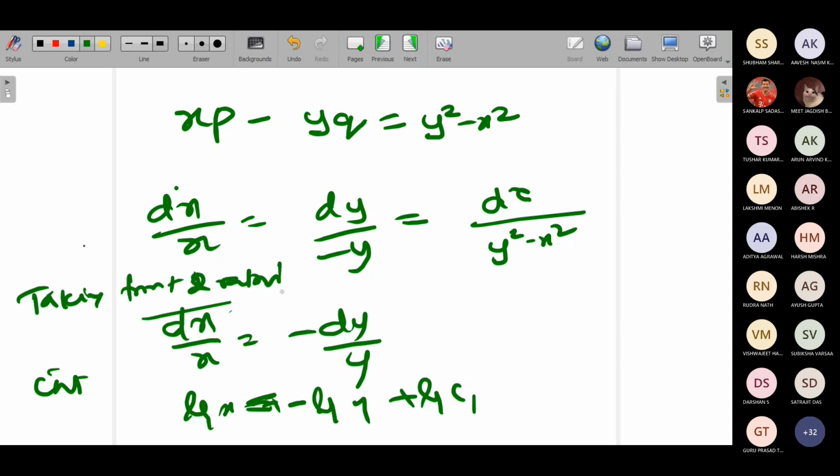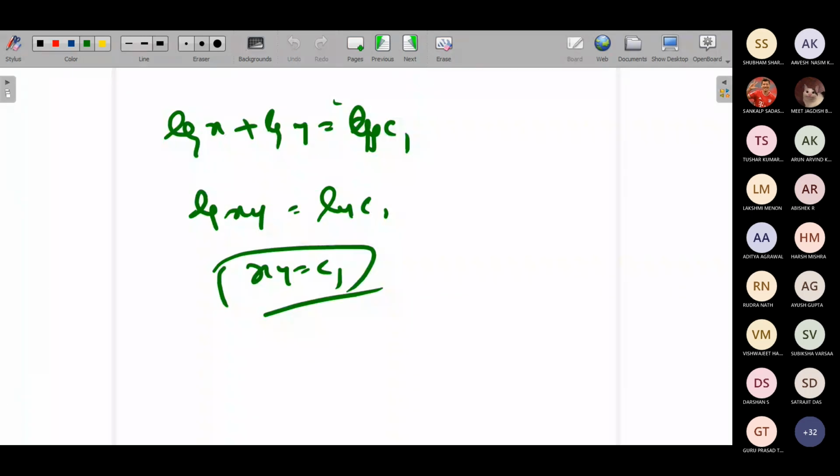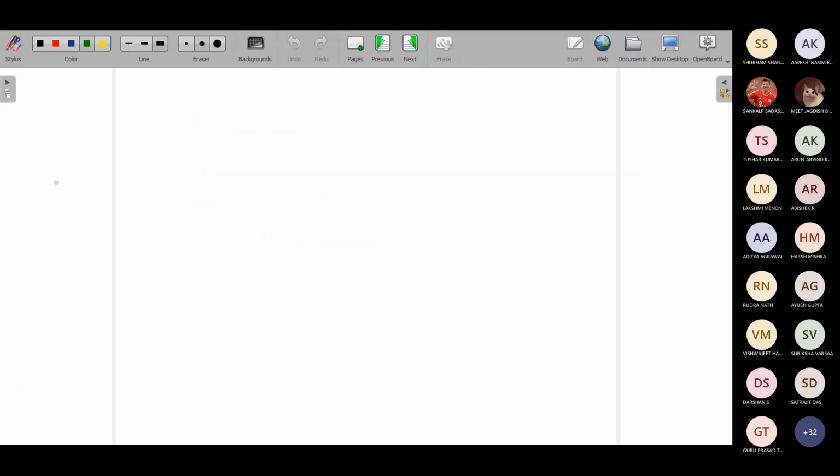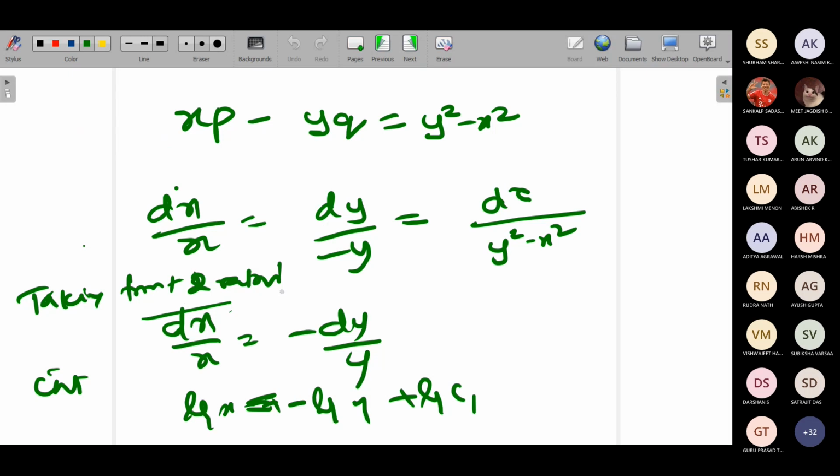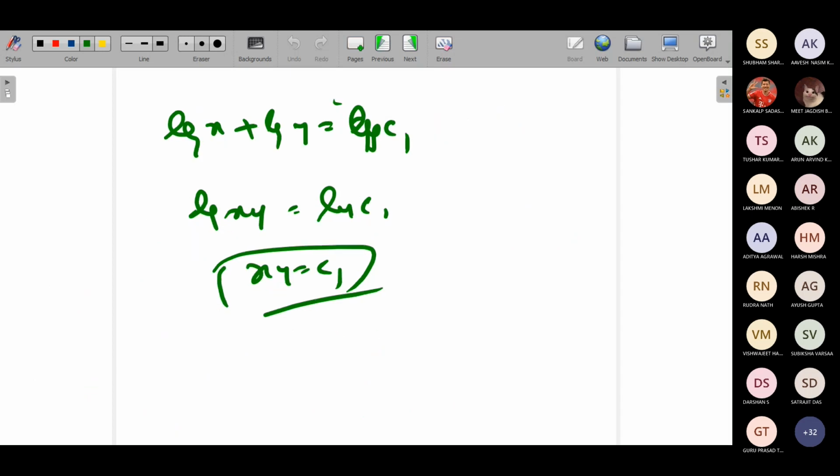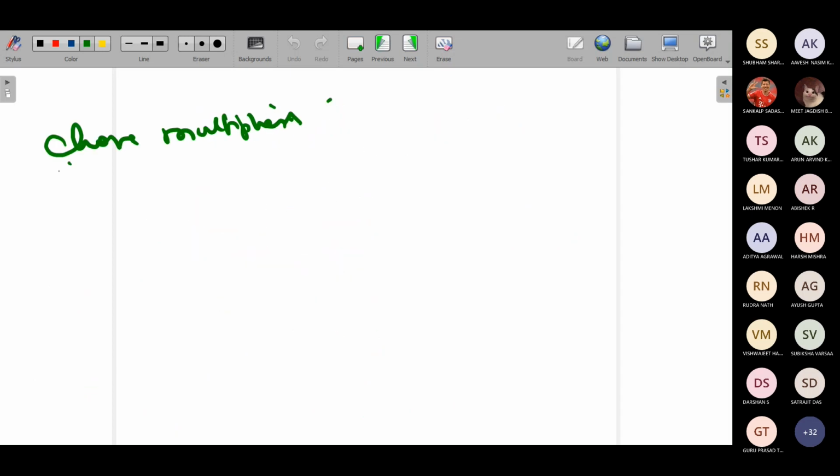To apply for the second part, I'm going to use the method of multipliers. Can anyone tell me what can be the multipliers here? Choose multipliers X, Y, and 1. Just check whether I have chosen it correctly or not.